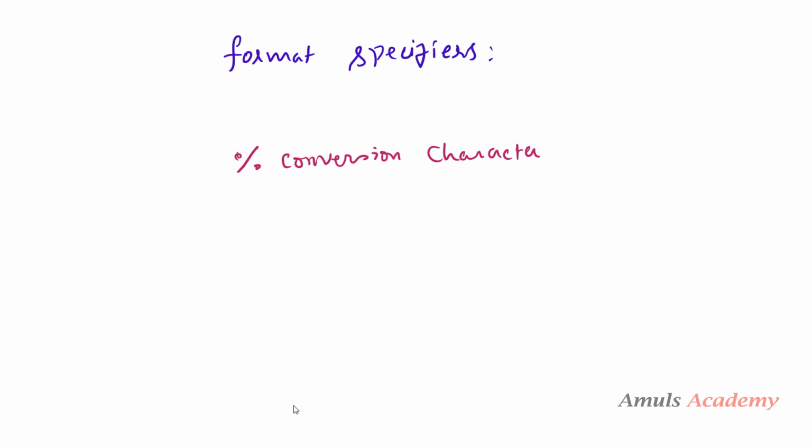It is a way to tell the compiler what type of data is in the variable while taking input using the scanf function or printing using the printf function. All the format specifiers used with the printf function can also be used with the scanf function, but there is a little change. So I'll show you the table.